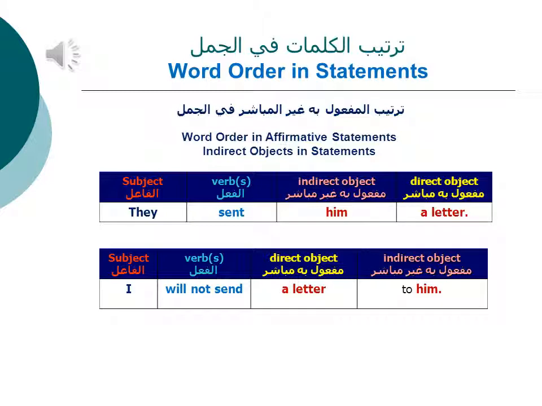In the second example, I will not send a letter to him. Now the direct object here comes before the indirect object. But in order to do this, we put a preposition, to, before the indirect object. So we say, I will not send a letter to him.